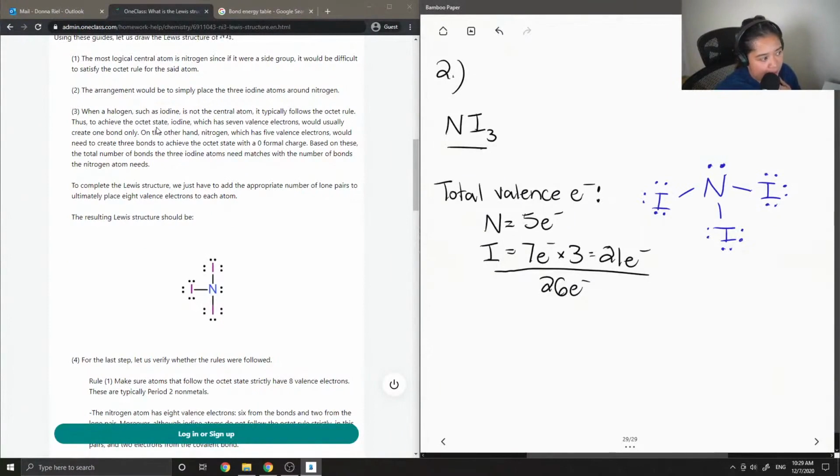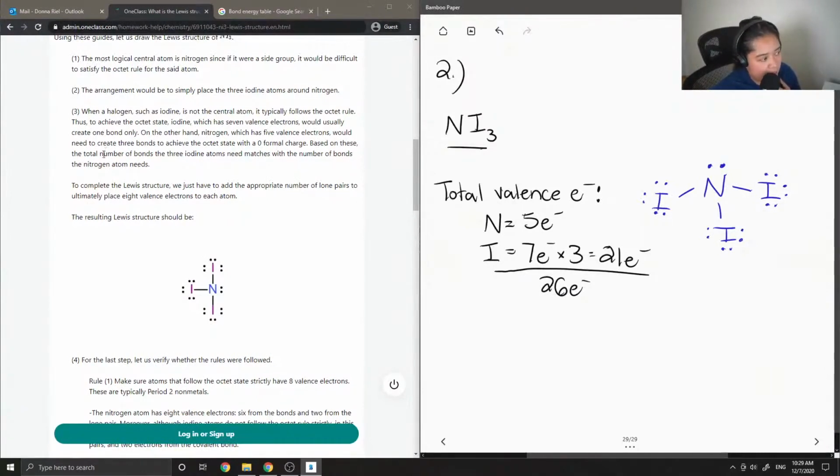Thus, to achieve the octet state, iodine, which has 7 valence electrons, would usually create one bond only. On the other hand, nitrogen, which has 5 valence electrons, would need to create 3 bonds to achieve the octet state with a 0 formal charge.